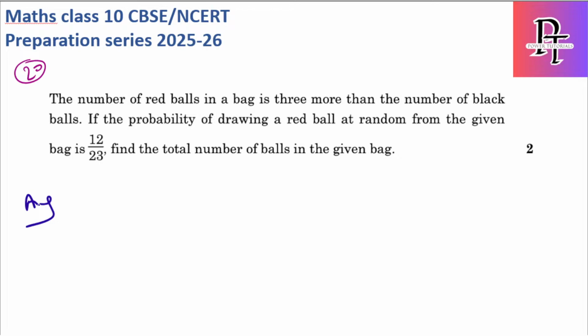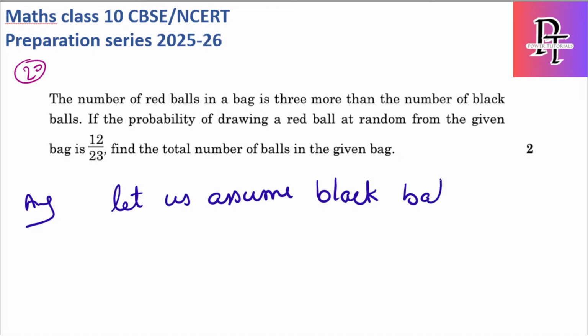The number of red balls in a bag is 3 more than the number of black balls in the bag. Okay, so for this, as this is a 2 marks question, I will write in detail. Let us assume black balls as x, then red balls is equal to 3 more than, so it is 3 plus x.